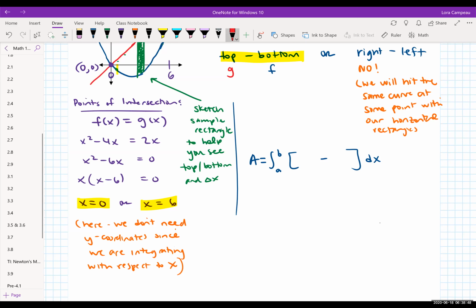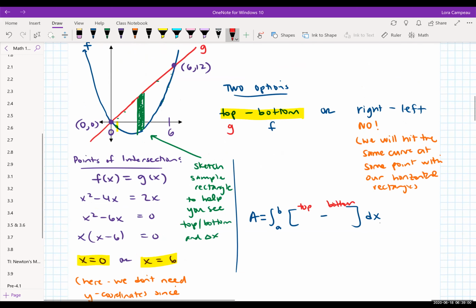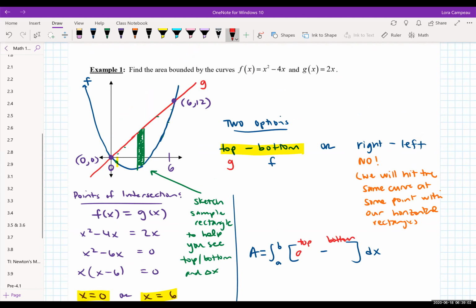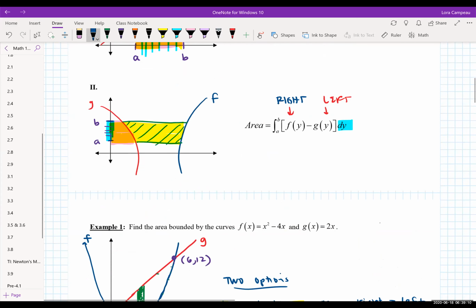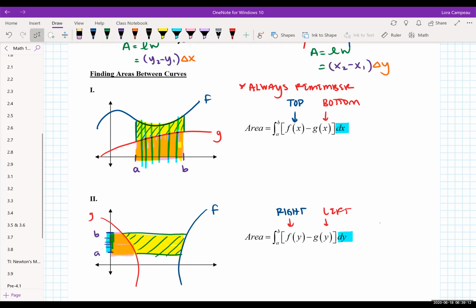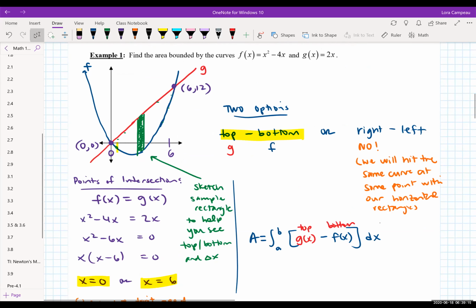So I'd like to just really give you an idea that we have our top function and then our bottom function. And so the way they're named according to what we're looking at, it appears that it was g of x that was on top and f of x that was on the bottom. So be careful. The formula that you see is just an idea, and it really depends on the orientation.